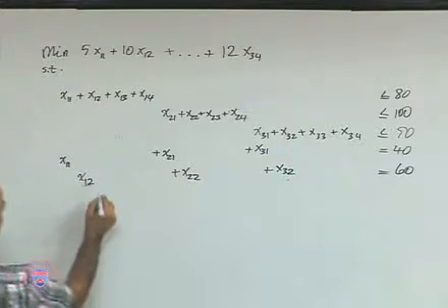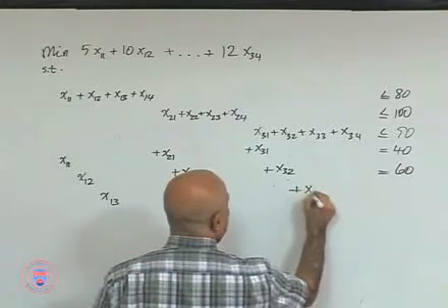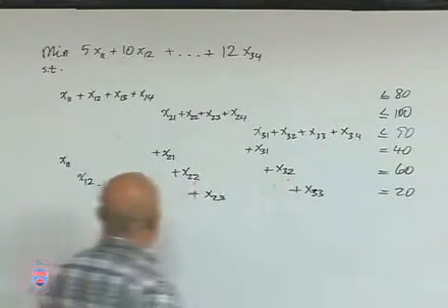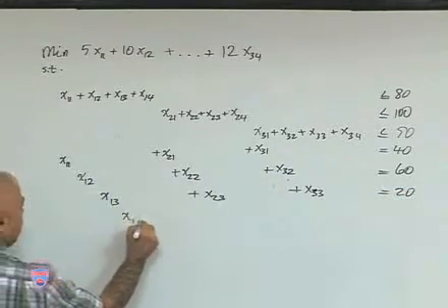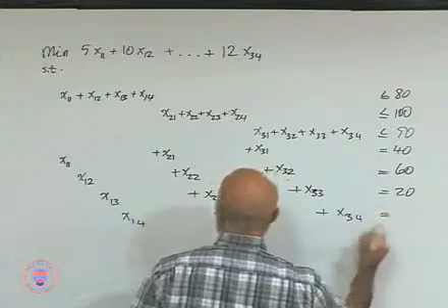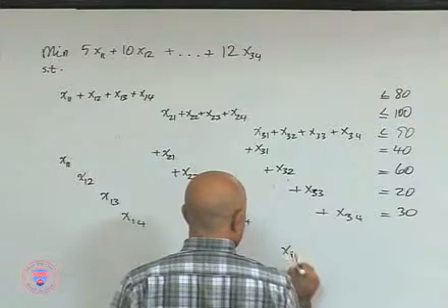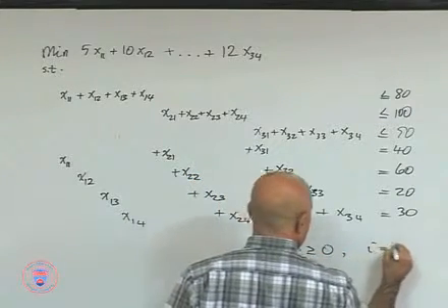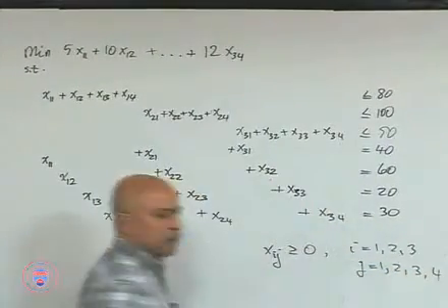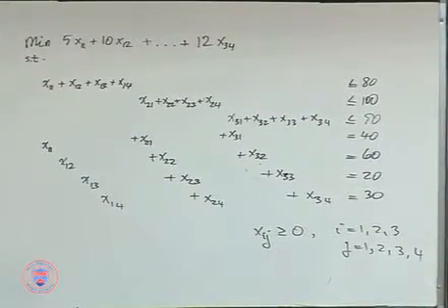The third sink, x13, x23, x33 equals 20, and x14, x24, x34 equals 30. And finally, your non-negativity constraints. Okay. All right. Now you can see the structure.